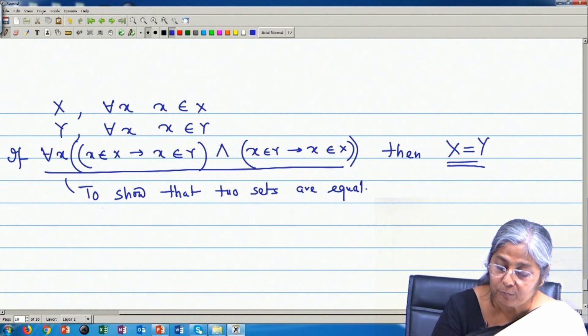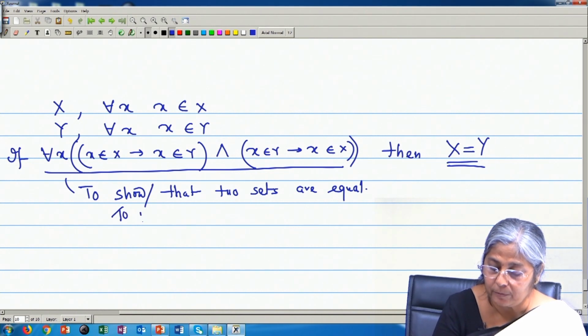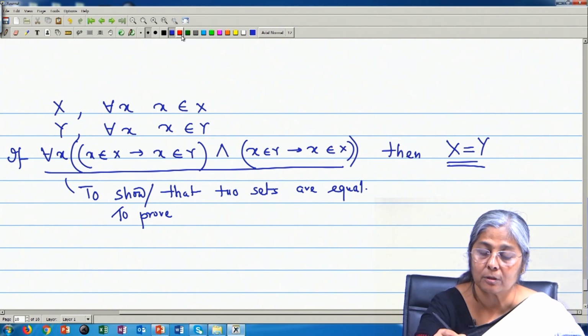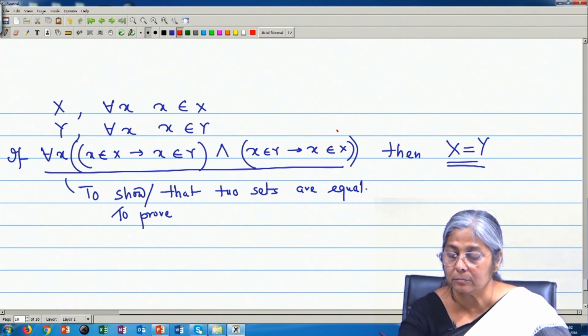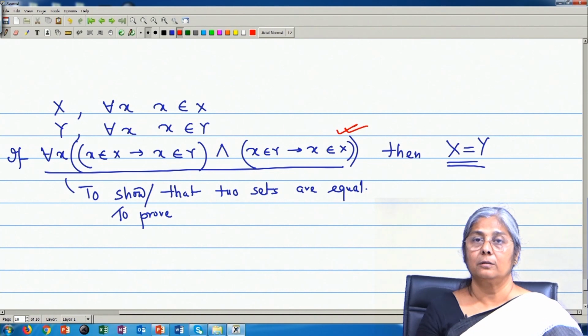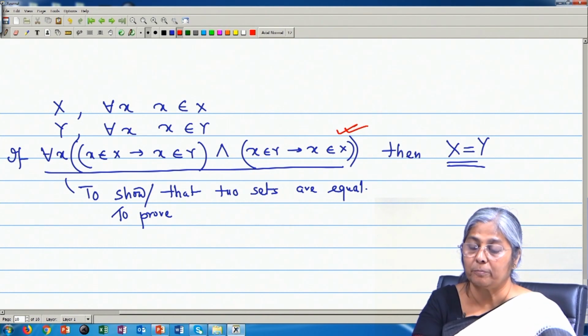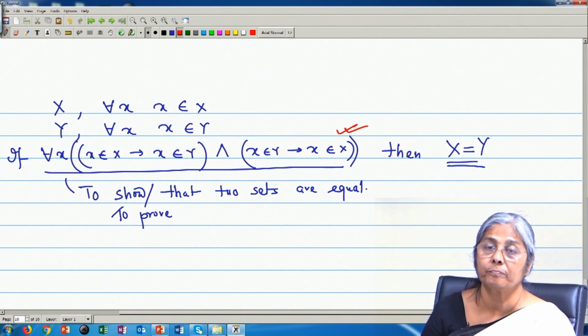When we have to show or prove this, we have to show this propositional logic to be true.